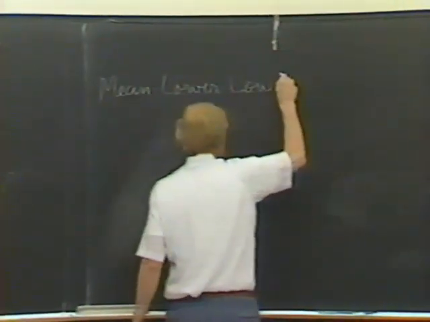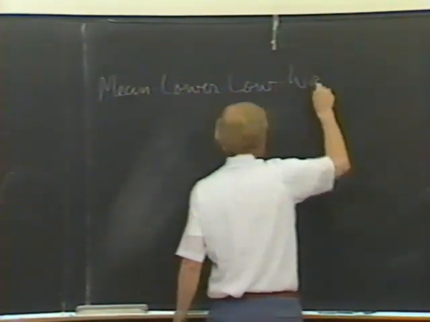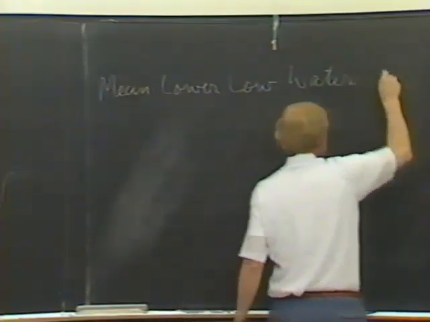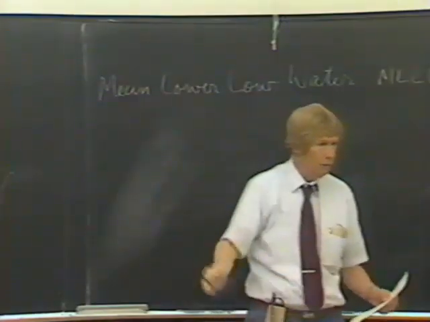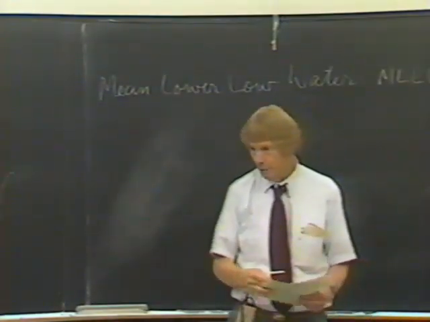That's the datum for navigation charts throughout the United States. And the reason that was selected is because of navigation. You wanted to know how low the water would get, or the shallowest condition.